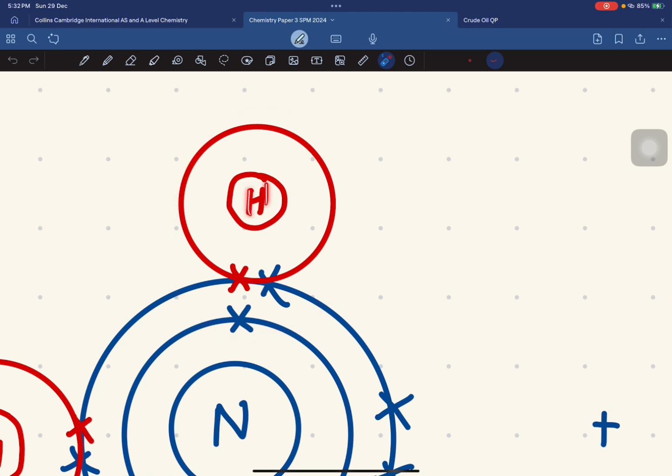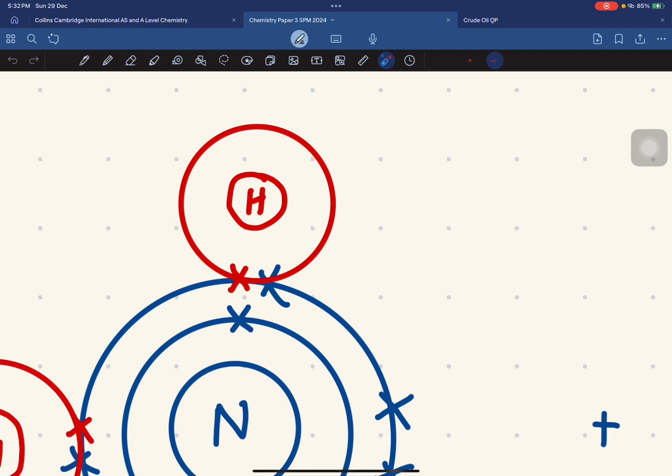This hydrogen atom consists of only one valence electron. So to achieve stability, it needs another valence electron, right? So in this case, the hydrogen atom shares its only electron with this nitrogen atom, so that they both achieve a stable electron arrangement.